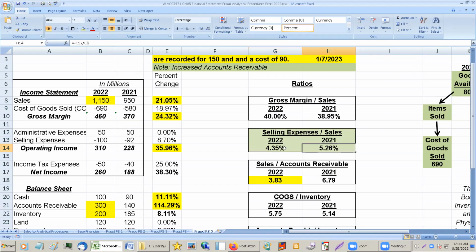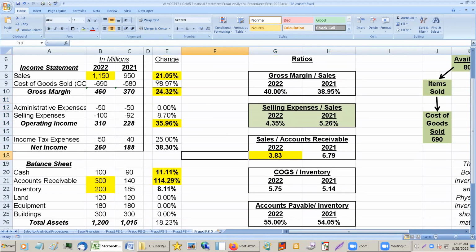Say, okay, let's look at this. Either the selling expenses are too low or the sales are too high. And if the sales went up by 21%, they're probably too high. They're generally not evidence of fraud, though. You have to get in there and take a look and see where you can find why this jumped up like that.